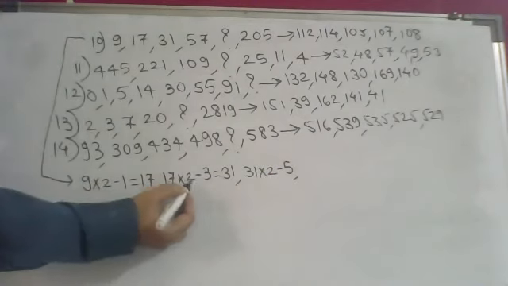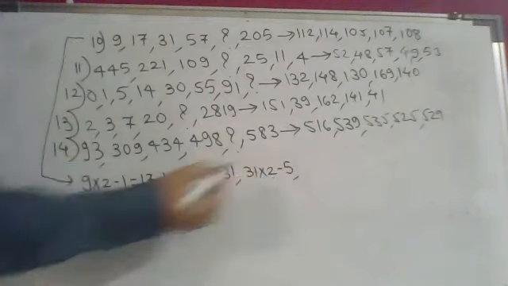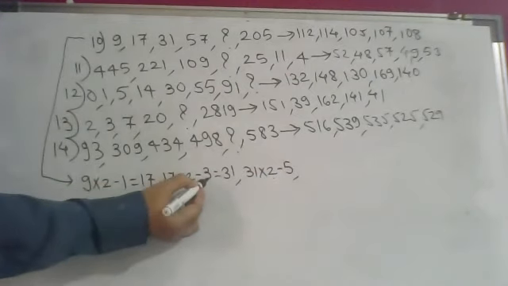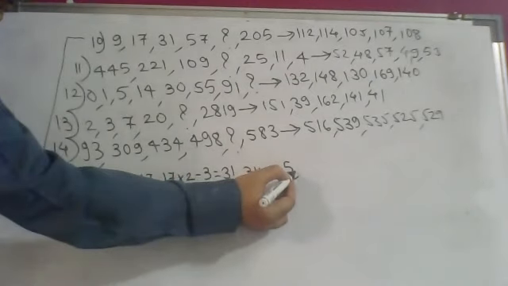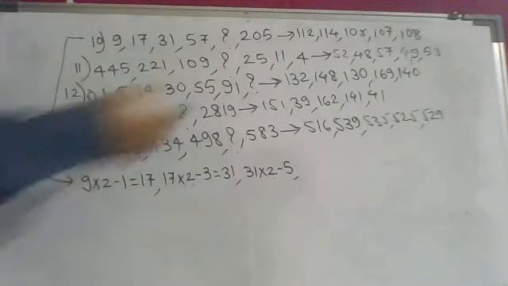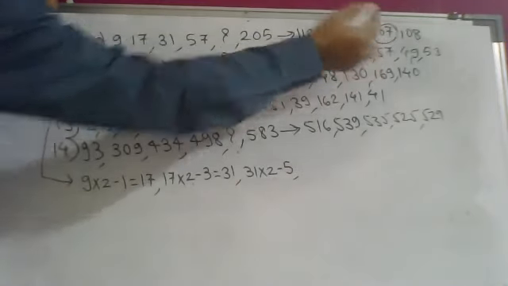Multiplied by 2, multiplied by 2, multiplied by 2. Minus 1, minus 3, minus 5, and so on. Your answer is 107.